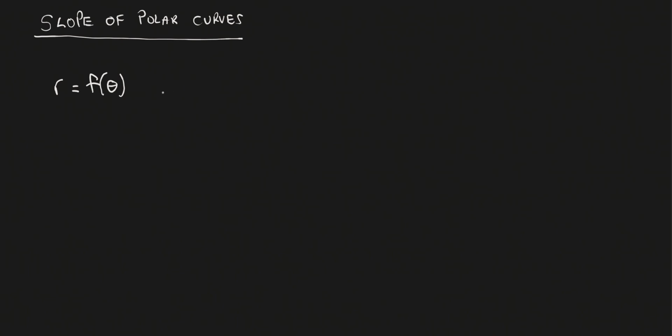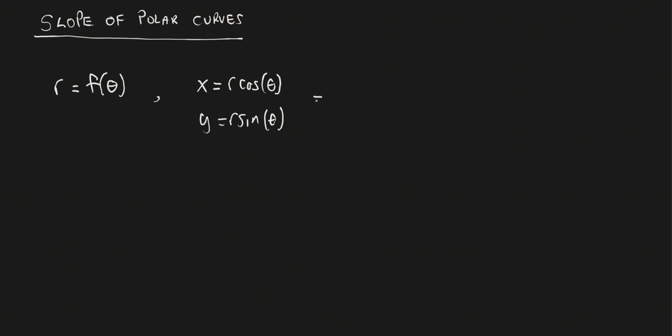So recall that x is r cosine theta, and we can get that from our basic right triangle trig, and then y is r sine of theta. So over here we have the polar, and on this side, because we have two separate equations, one for x and y, this is really parametric, right?